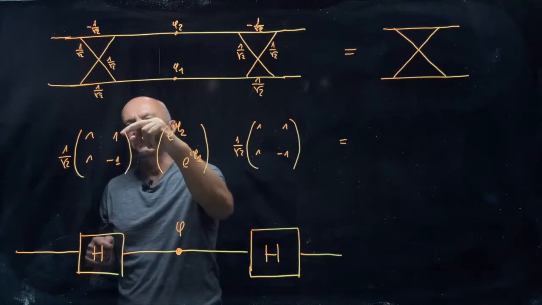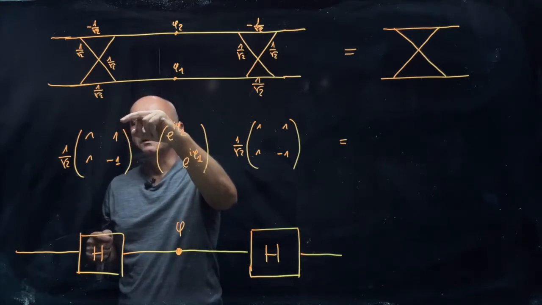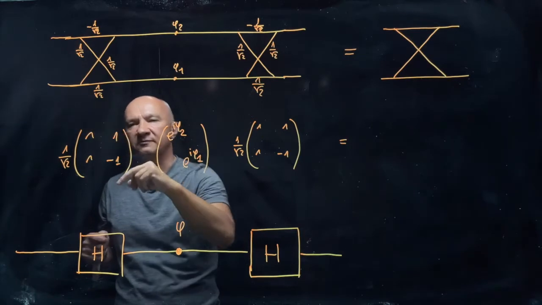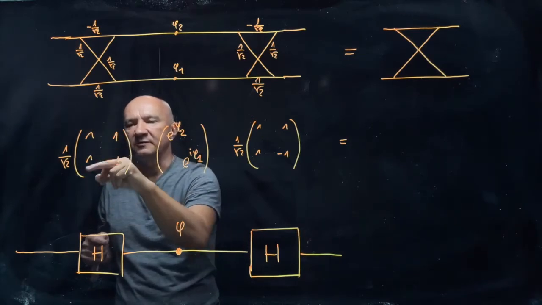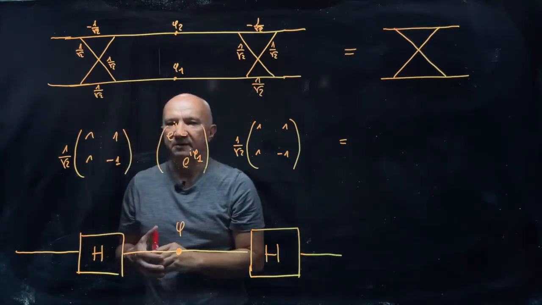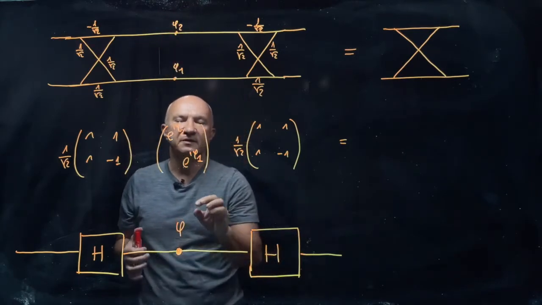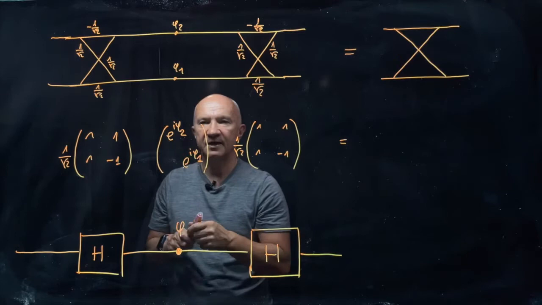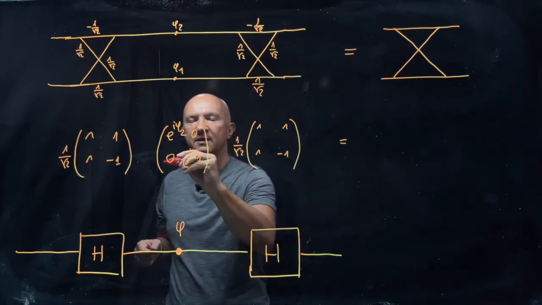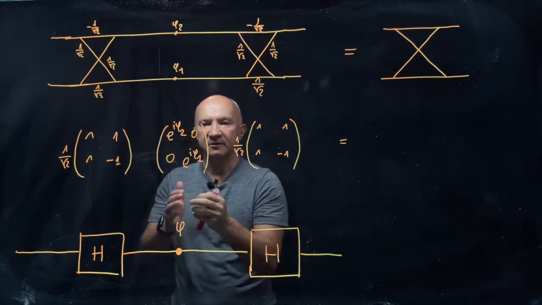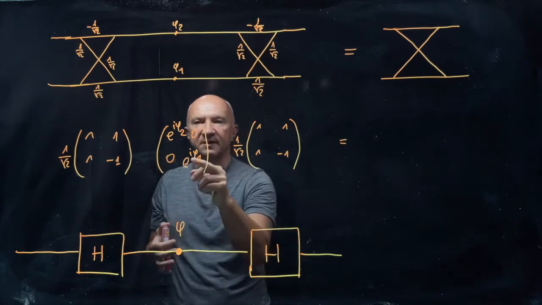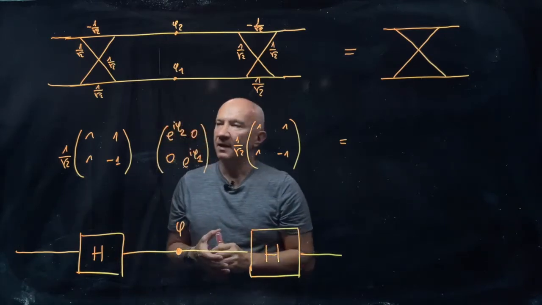This is a transition where the system that is in the excited state will be in the ground state, and this is a transition between the ground state and the excited state. And the same for the dispersive interaction. You can see that those off-diagonal elements here are zeros, but the diagonal elements correspond to the phase shifts of the ground state and the excited state.